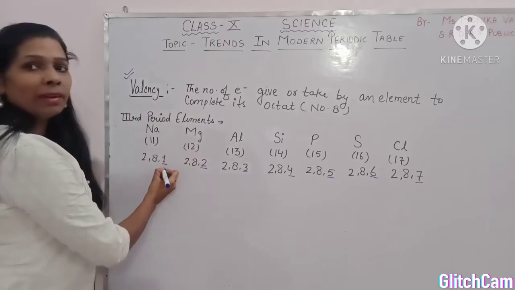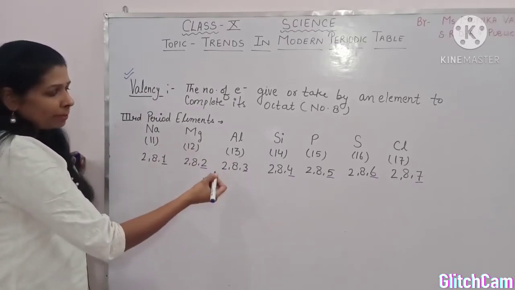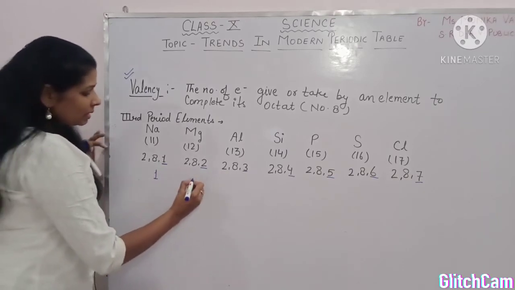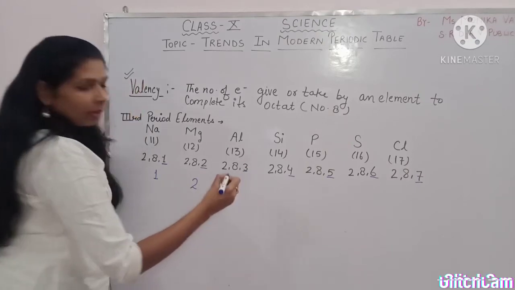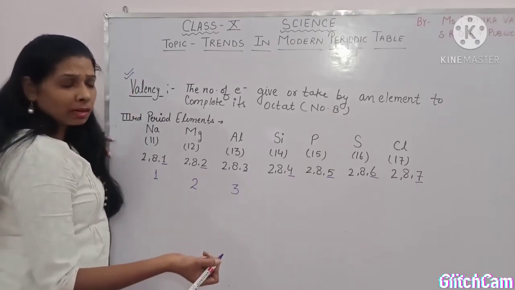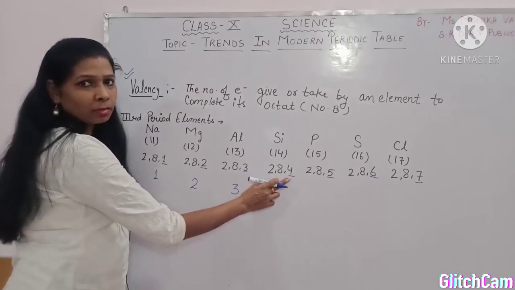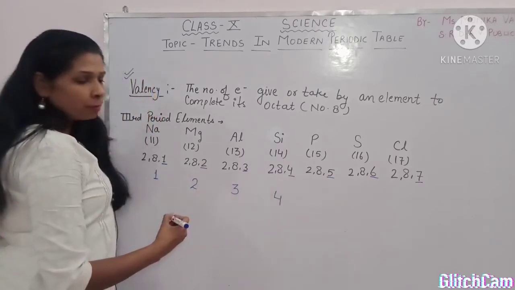If an atom has 1 electron, it will donate this 1 electron to complete the octet, and its valency will become 1. Its valency will become 2. Its valency 3. And we had already discussed in the carbon compounds chapter that those elements which have 4 valence electrons share their electrons and their valency is 4.